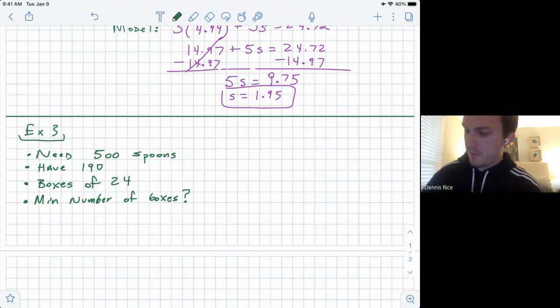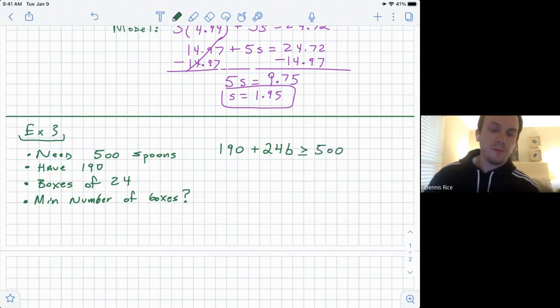All right. So if we have 190, we could just say starting with a constant of 190. And to figure out how many boxes we need, we could say plus 24b. I guess there's a few ways you could set up your sign. Really, obviously, we want a minimum of 500.